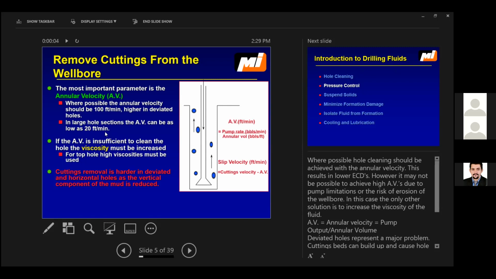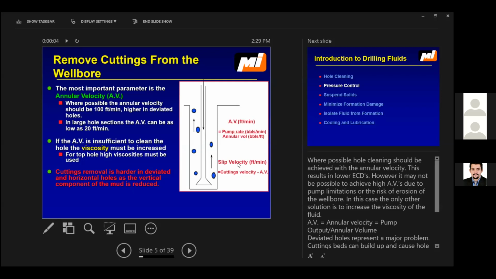So cuttings removal is harder in deviated and horizontal holes as the vertical component of the mud is reduced. Because if it is a vertical hole, as you see in front of yourself, then we are bounded by two factors: the annular velocity carrying the cuttings up, and the slip velocity, which is the velocity due to gravitational forces.